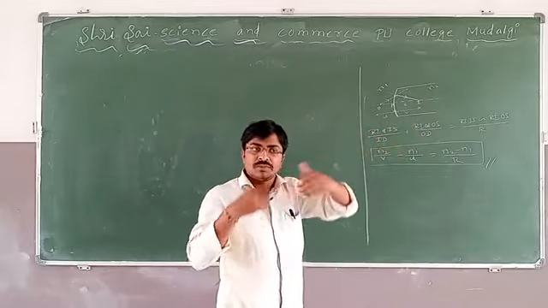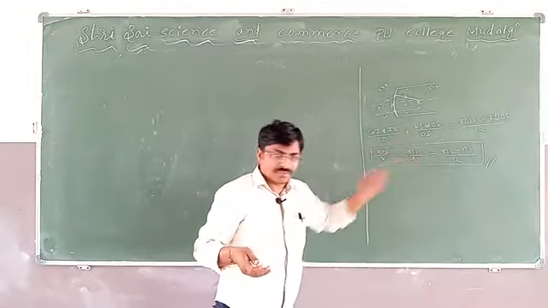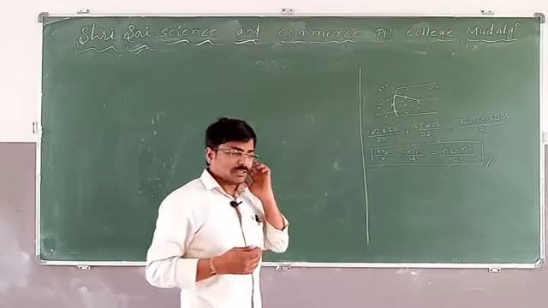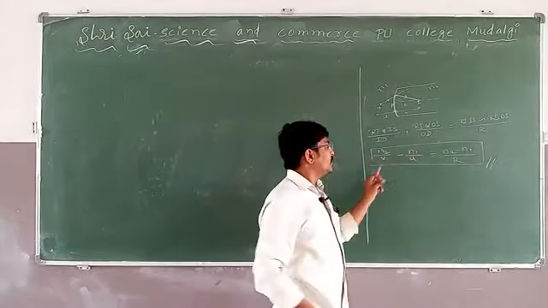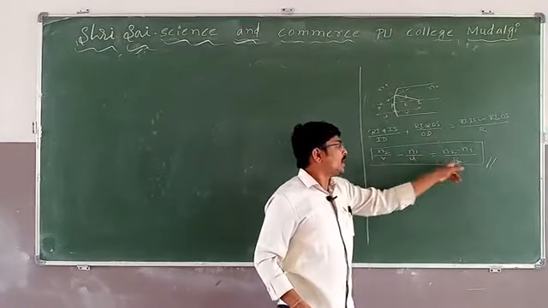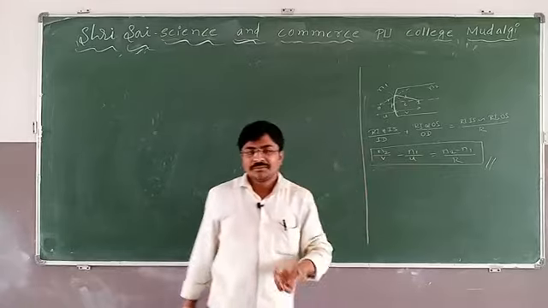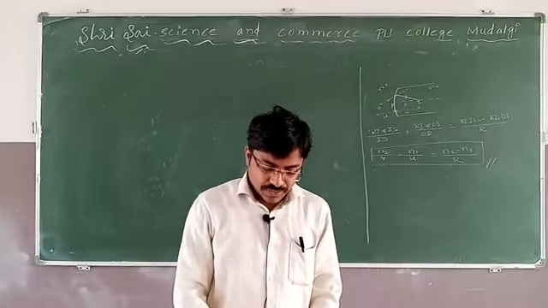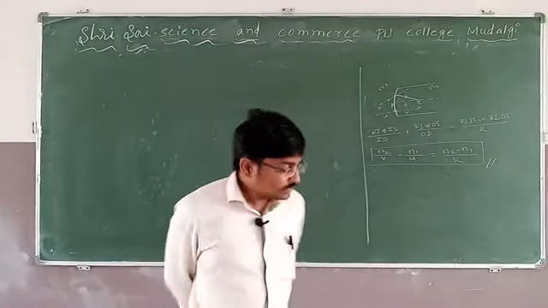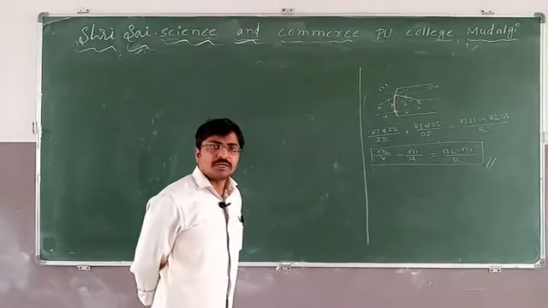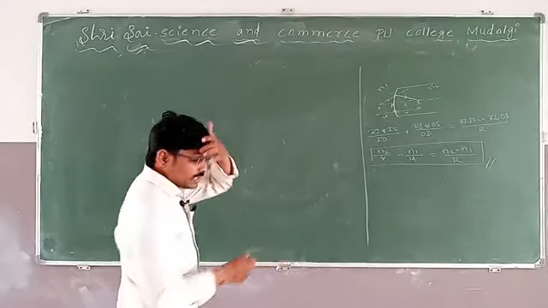Just for your convenience, I draw and explain once again, because I discussed this long back and I forgot. See, it is the relation between U, V, R, and N. This relation we already studied. With the help of this formula, now we are going to discuss the lens maker's formula.